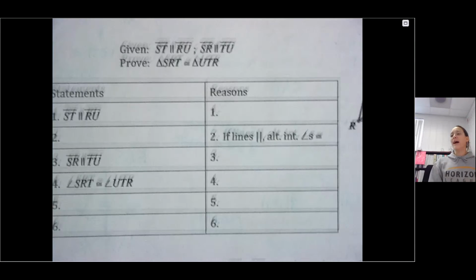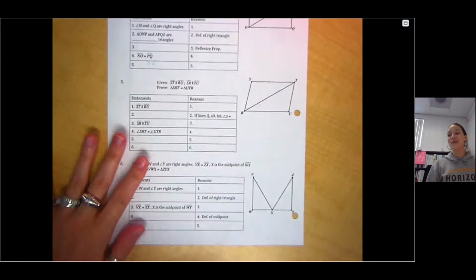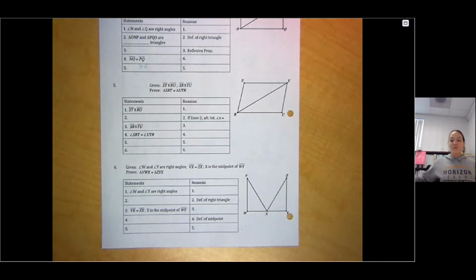There are 3 problems on the back. I shall help you with 1. You shall do the other 2 on your own. Which one should I do? Do 5. Why does 5 have 6?